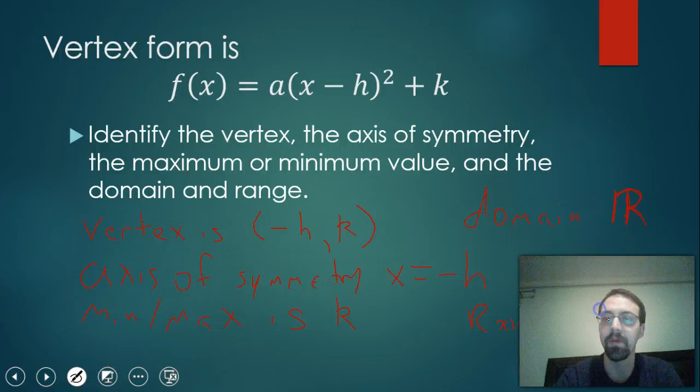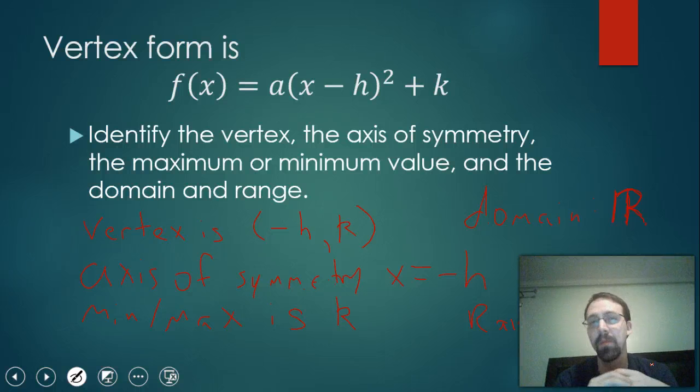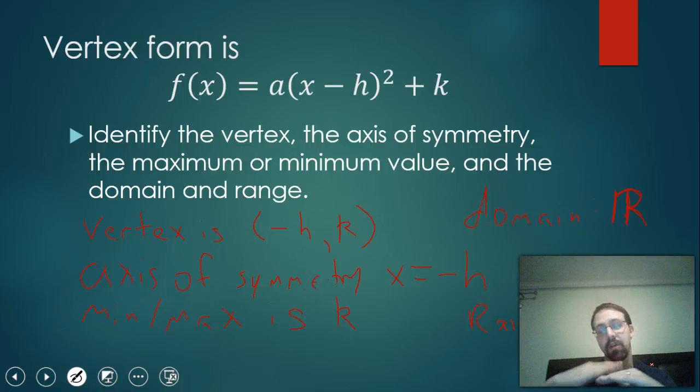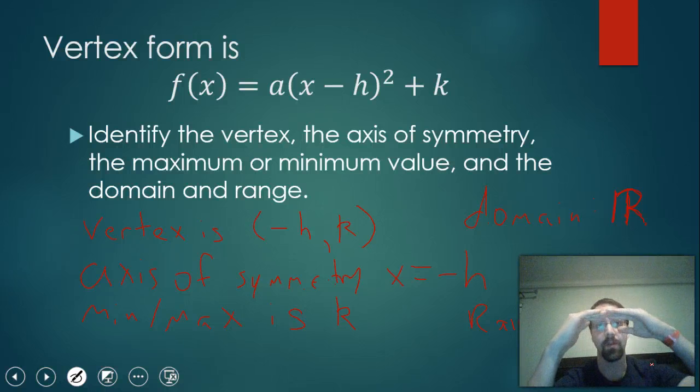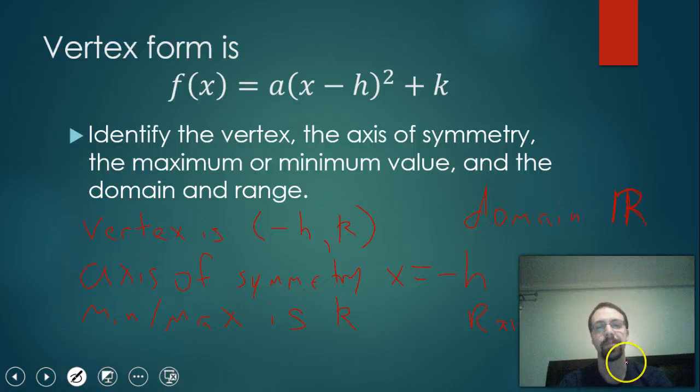It's either all real numbers greater than or equal to k, or all real numbers less than or equal to k. If you have a minimum, it's the first one, because all your values go up above that. If it's a maximum, it's all real numbers less than or equal to k, so we're going down below.